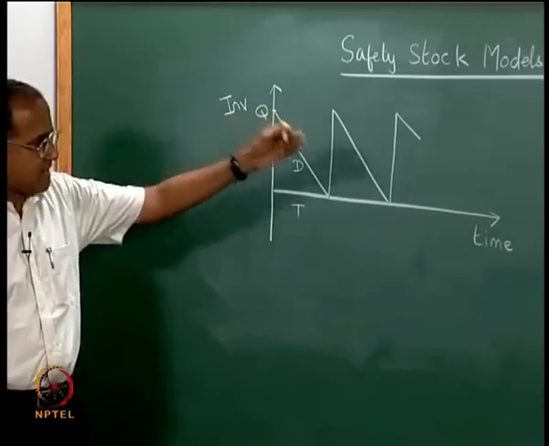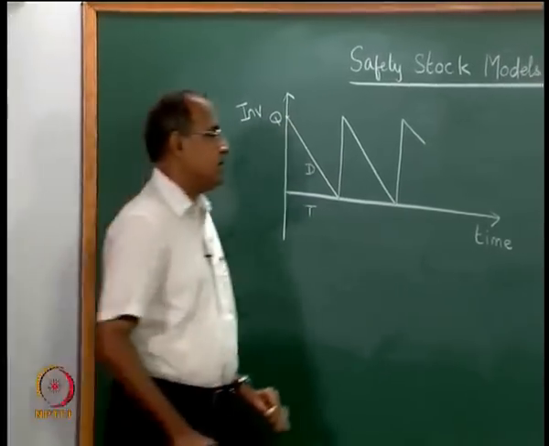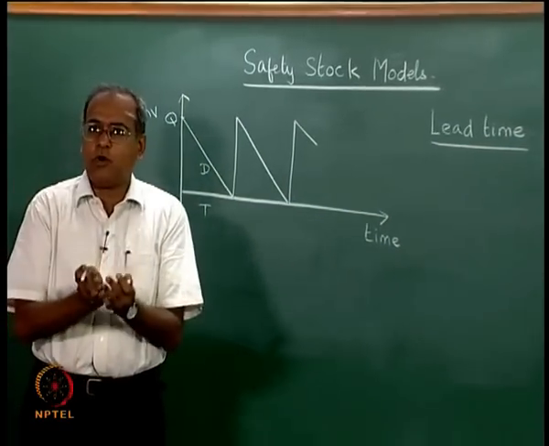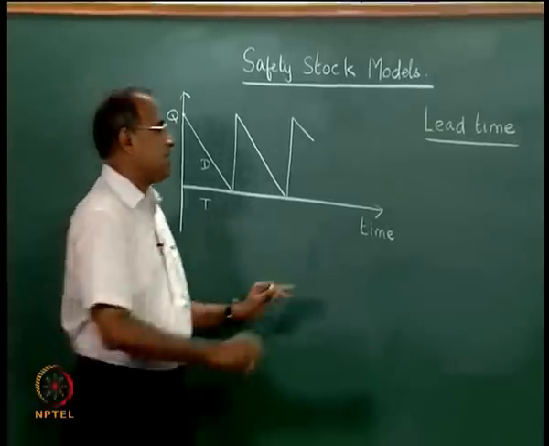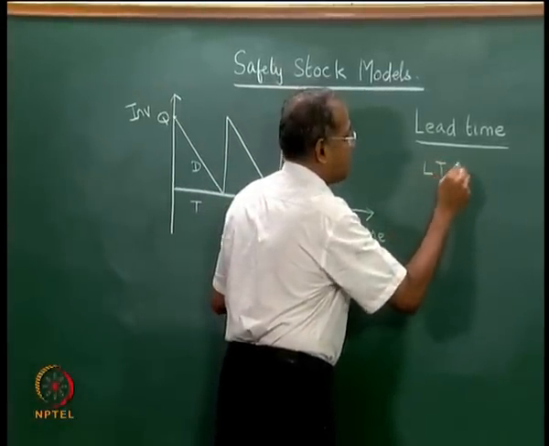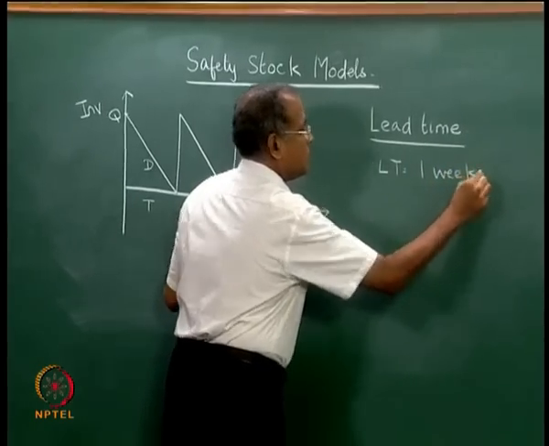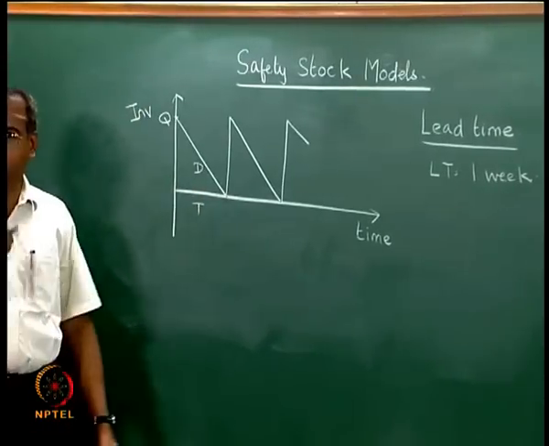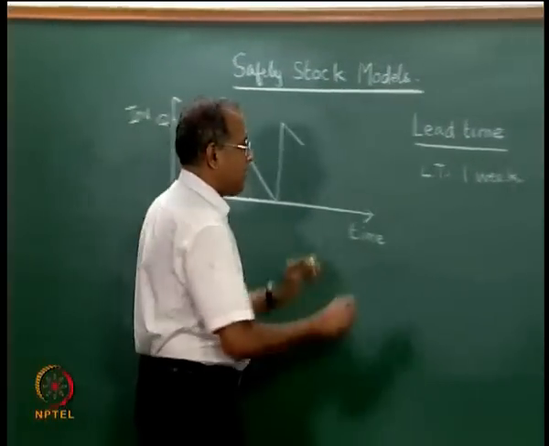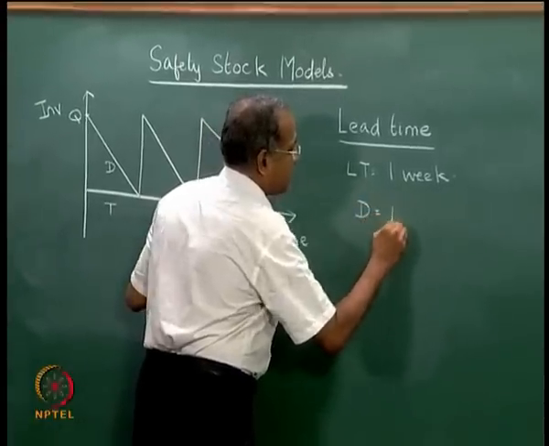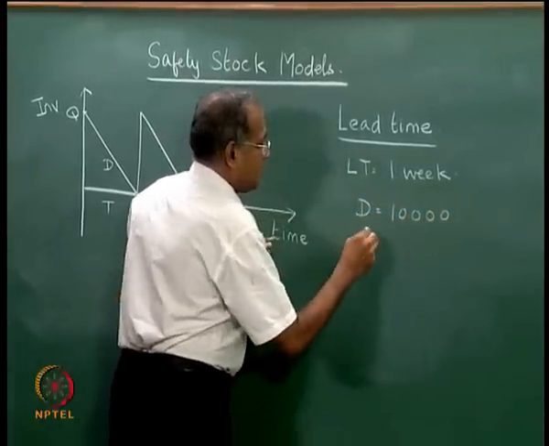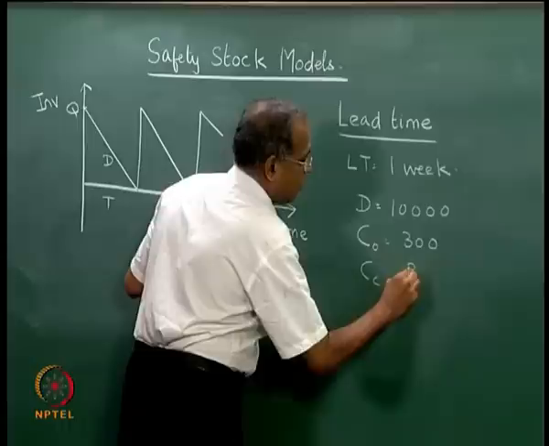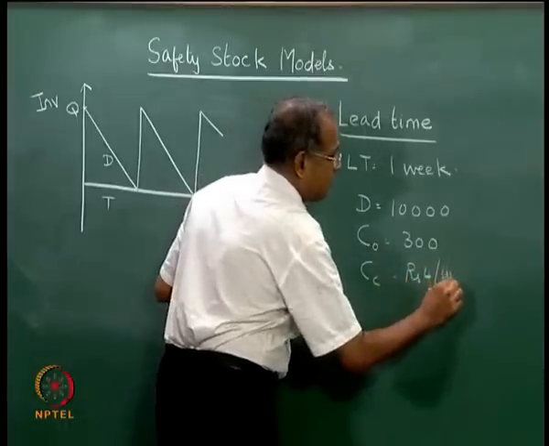Now, we look at several cases of what happens to the lead time. The first one is, let us say lead time is not 0, but a known value. Let us look at a situation where lead time is equal to 1 week. Let us go back to the numerical example that we have used earlier. The demand for the item is 10,000, the order cost C naught is 300, the carrying cost was rupees 4 per unit per year.